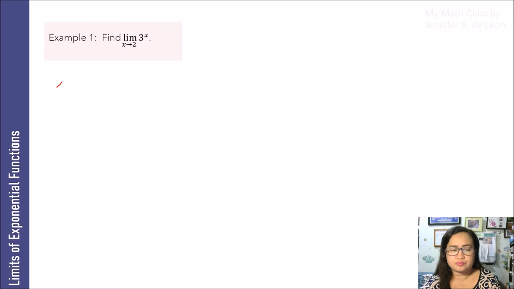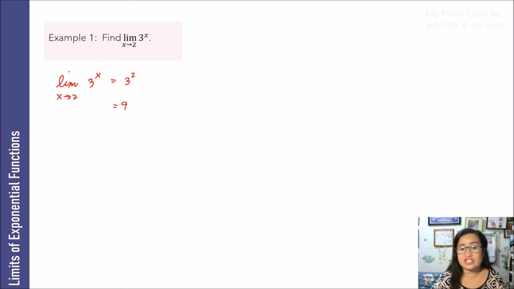So if you are asked to get the limit of 3 raised to x as x approaches 2, we will just have 3 raised to the second power. Simplifying that will give us 9. So algebraically, the limit of 3 raised to x as x approaches 2 is equal to 9.